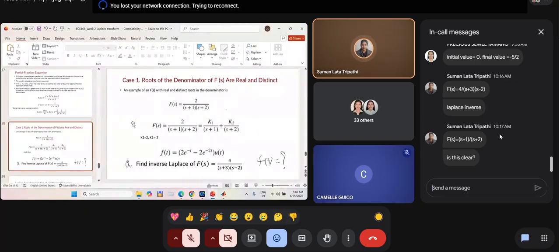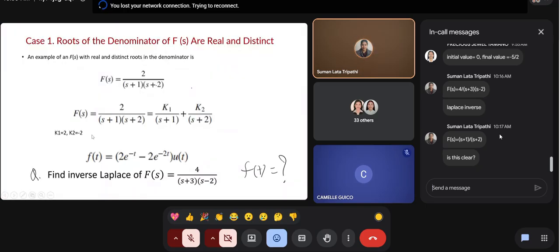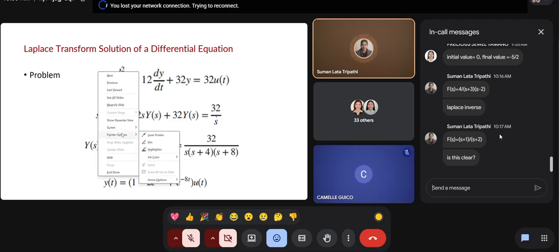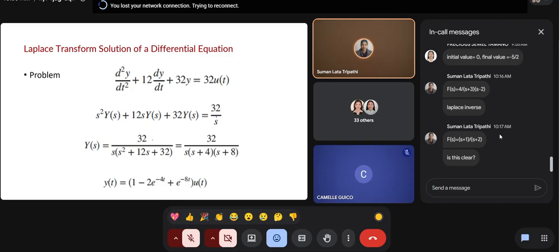There is one more thing in the next slide, which I will do if I can quickly cover it. This kind of question is very simple, because in Laplace transform, as I told you initially, when we evaluate the transfer function we do not consider the initial conditions.